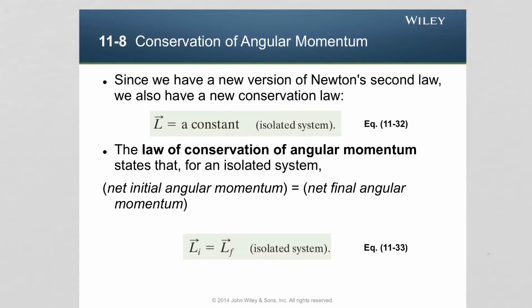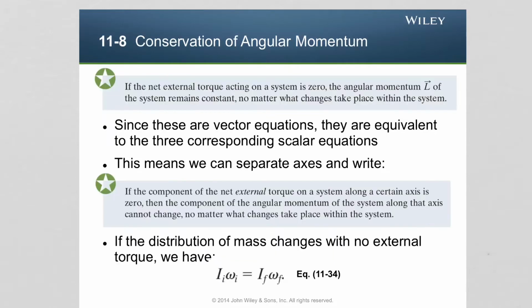So this statement means that the net initial angular momentum of a system of particles will be equal to the net final angular momentum of a system of particles. So in other words, if the net external torque on a system is zero, the angular momentum of the system remains constant, and it doesn't matter what changes take place within the system.